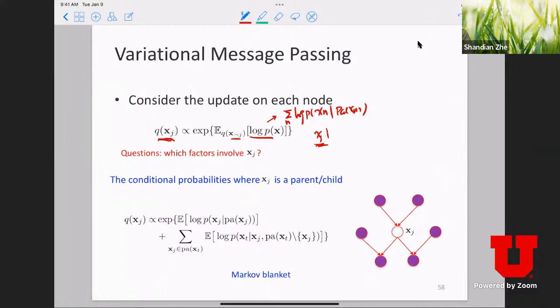So if you simplify the update of Q of xj, you see that it is proportional to exp of the expectation of log probability of xj given the parents of xj, and also all the other log conditional probabilities in which xj serves as part of the parents. Okay. So all the other variables appearing in these terms are the shaded nodes surrounding xj that form the Markov blanket.